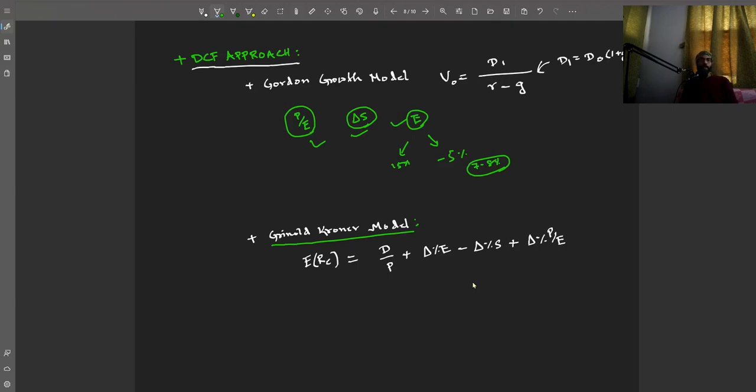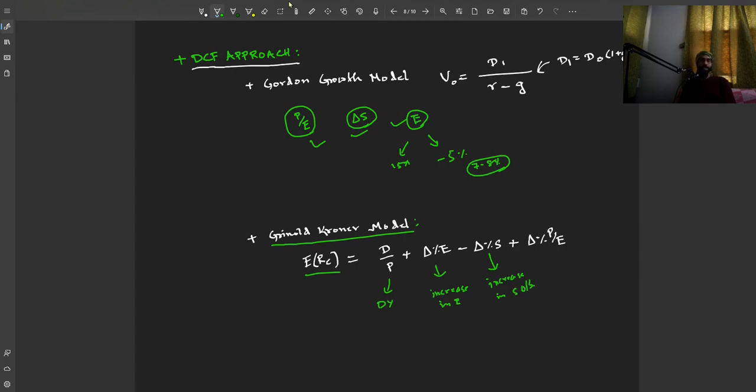So here, according to the Greenwald-Kroner model, the expected return on equity, E(RE), is given by D/P, that is the dividend yield, plus the increase in earnings, which means it will be minus the decrease in earnings, minus the increase in shares outstanding.